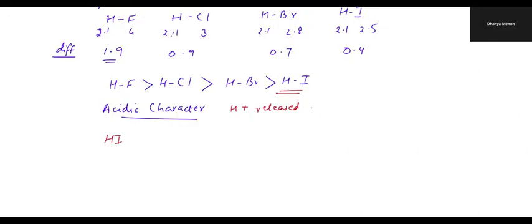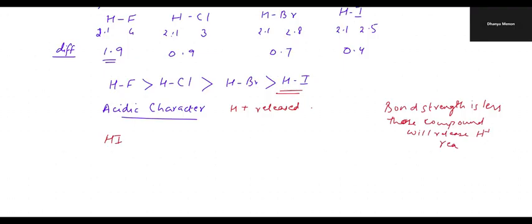So if the bond strength is less, that means those compounds will release H plus ions readily. So in this case, HI is more acidic because the bond strength we discussed is the least.